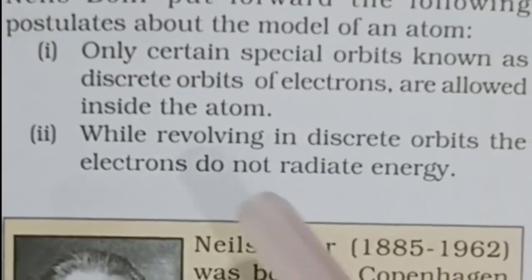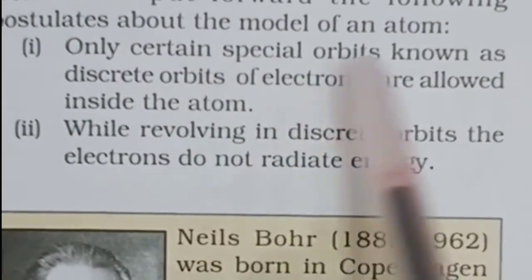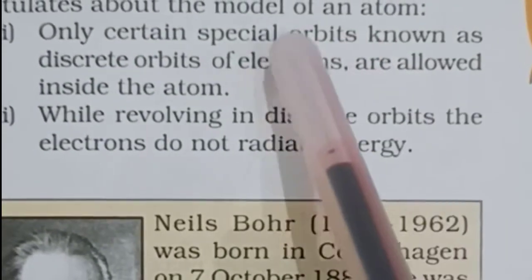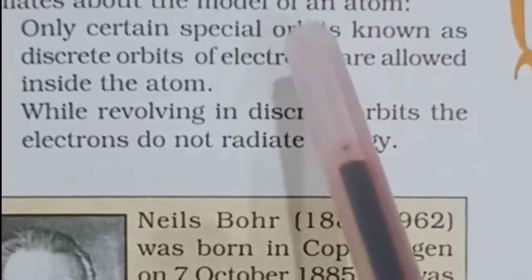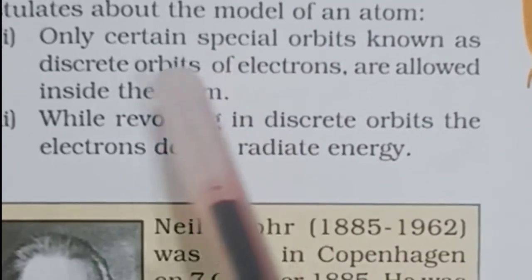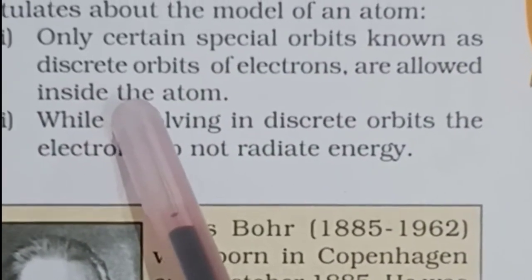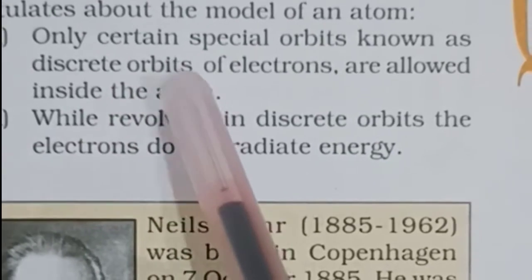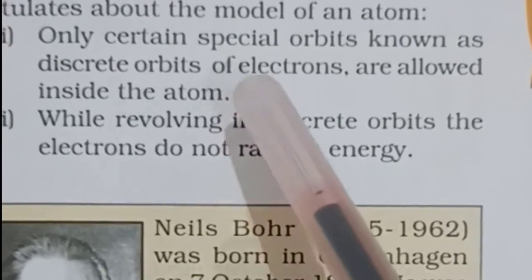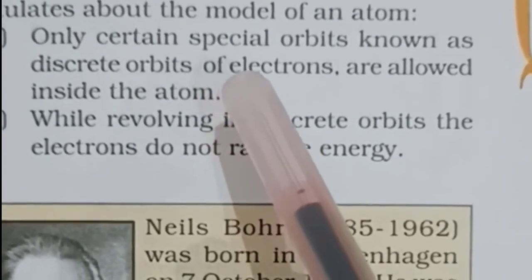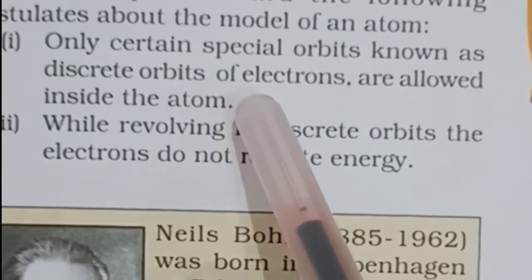So how will you understand the first point? This first point means that the electrons could revolve around the nucleus in only certain orbits or certain energy levels, and each orbit has a different radius. The electrons in each orbit have a characteristic amount of energy.